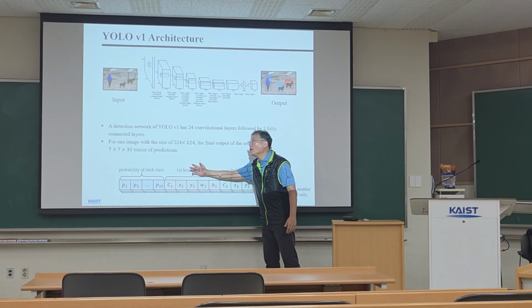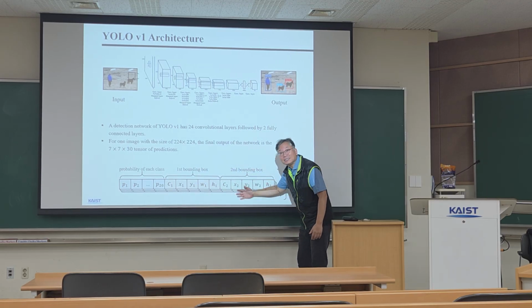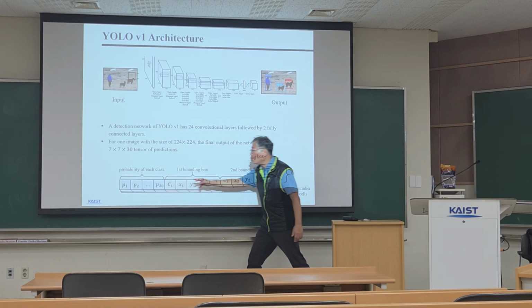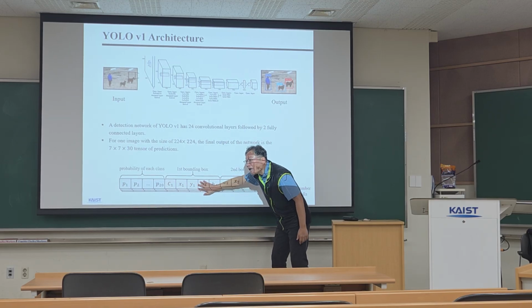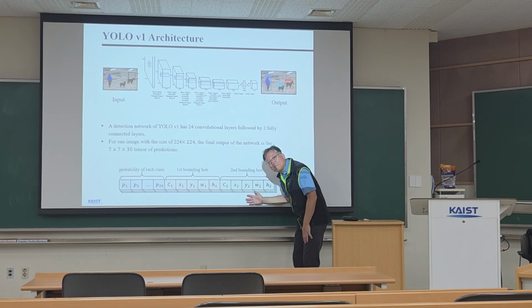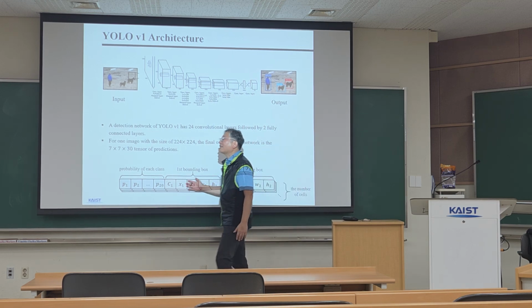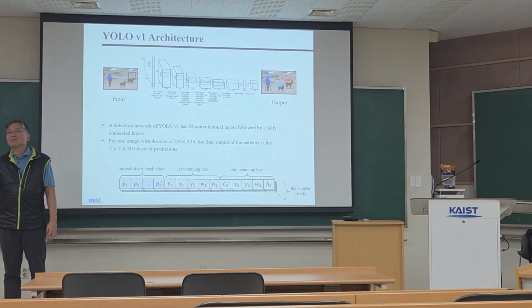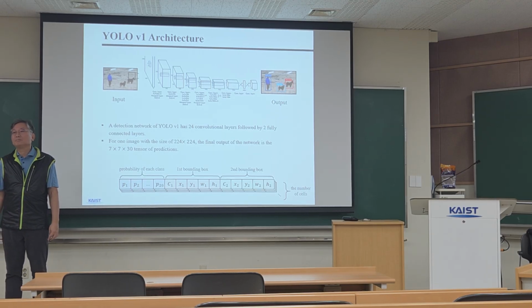That's one object, and this is the other object. So that's 25 plus another 5, that is 30.